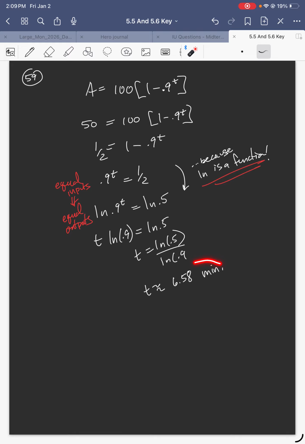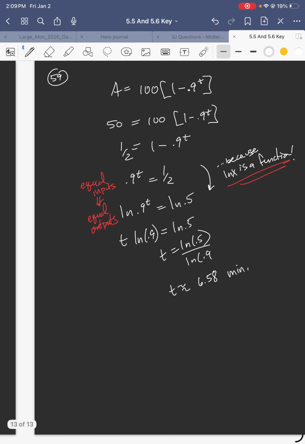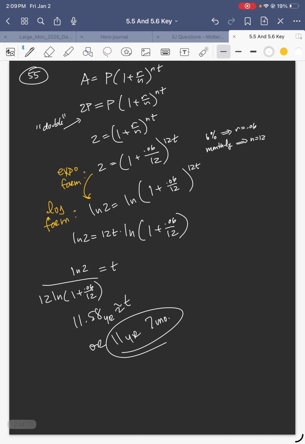In this case, it turns out to be 6.58 minutes. It was another case of equal inputs gives you equal outputs. In other words, you take the log of both sides, because the natural log of x is a function. So wonderful work.